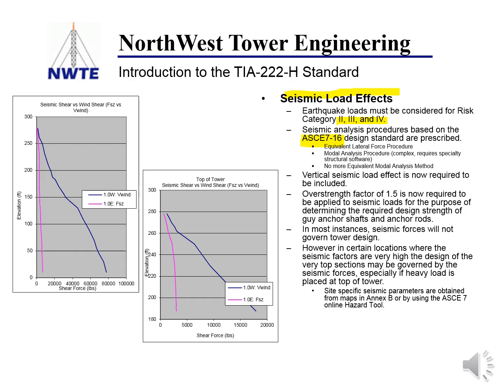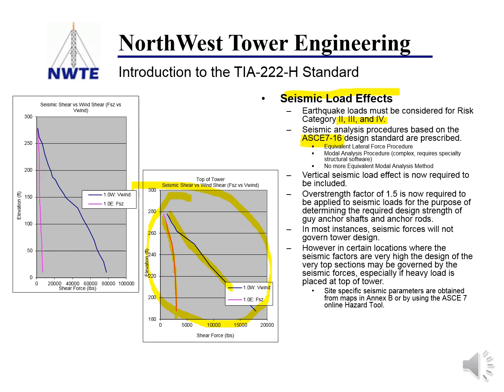This is more up towards the top of the tower here. So here is the wind shear with height, and this is the seismic shear with height. And you can see the two lines start to converge towards the top of the tower.